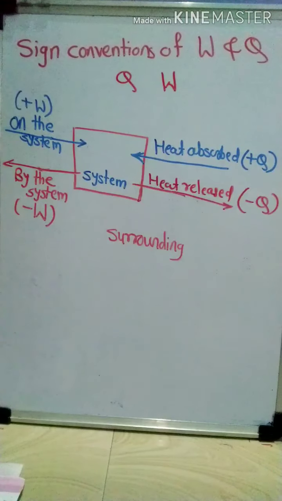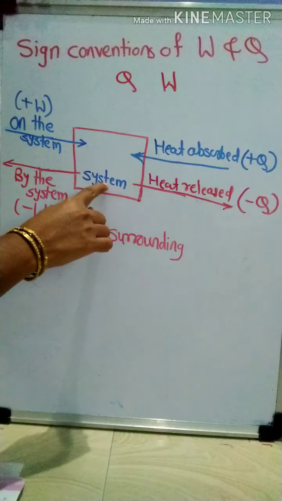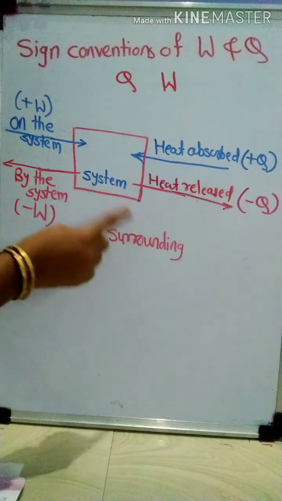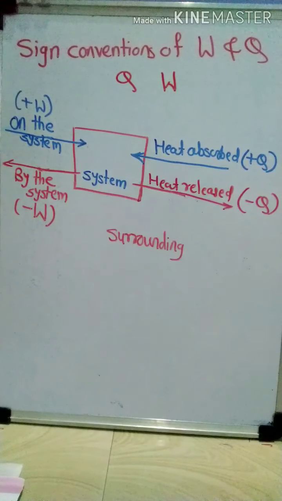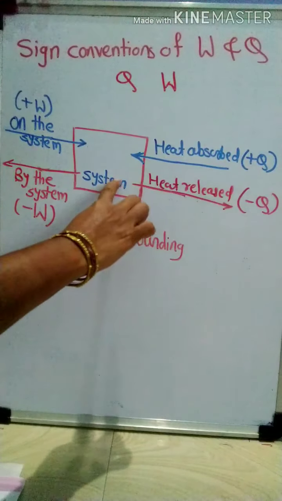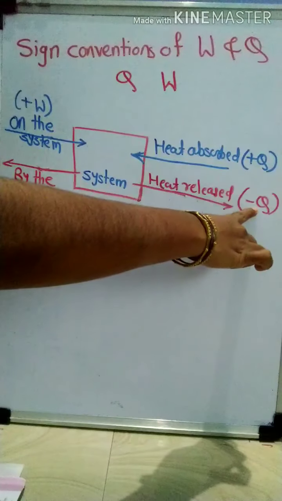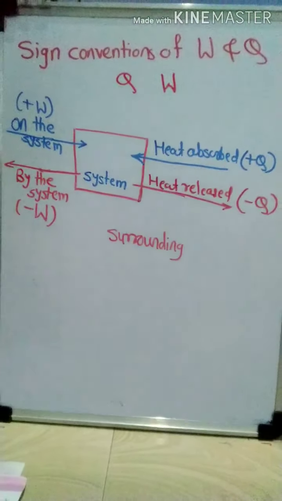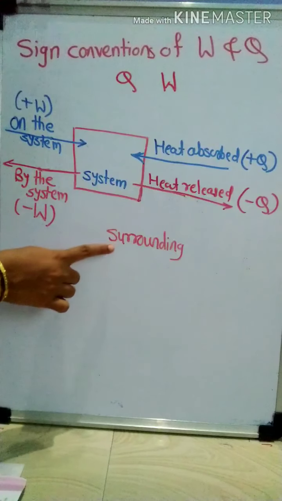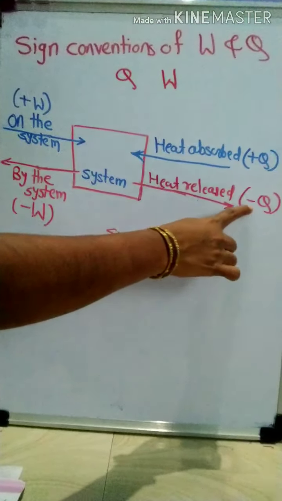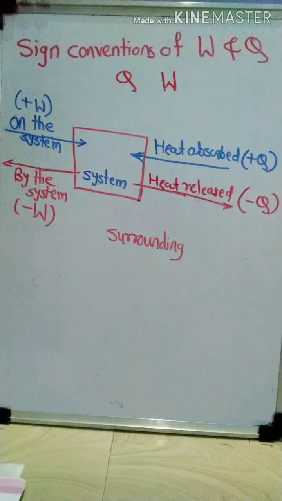If the system loses energy, gives out or releases heat, then heat has a minus sign. That is, if heat is released by the system to the surrounding, then Q is negative.